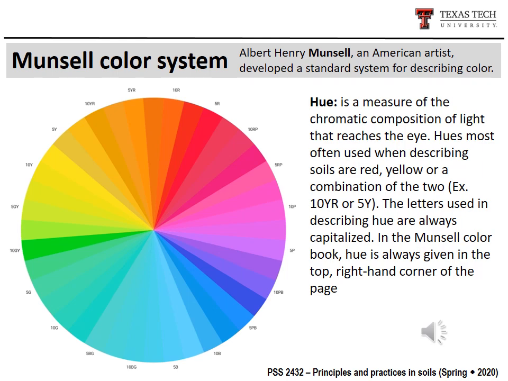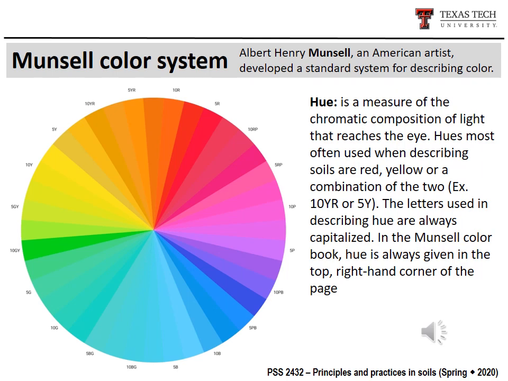Okay, the Munsell color system was proposed by Albert Munsell, and you can see here in this picture the color spectrum, and you can see different colors, and also many Munsell codes, for example 5Y, 10YR, 10R, many codes.